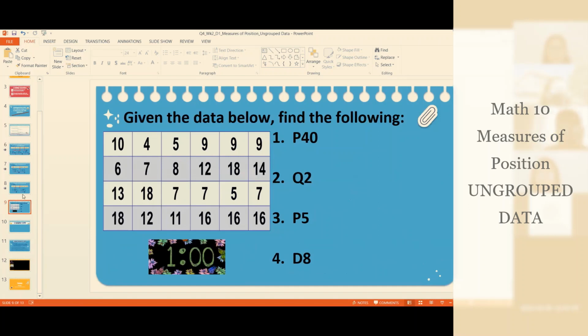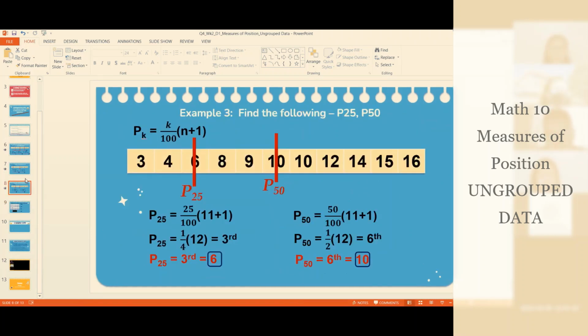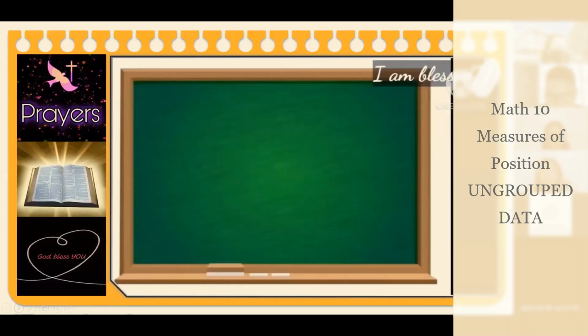Yes, Mavi? Least to greatest po. Okay, least to greatest. So that's one thing that you have to remember. See to it that before you compute, the numbers are arranged in ascending order from least to greatest.